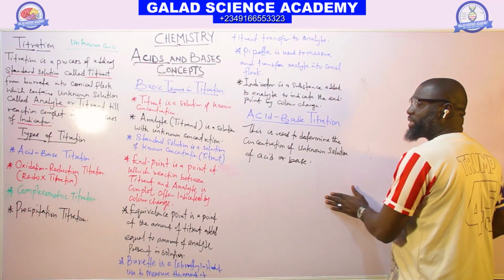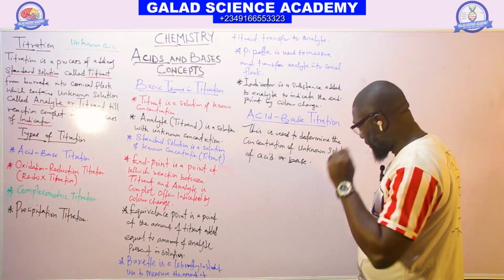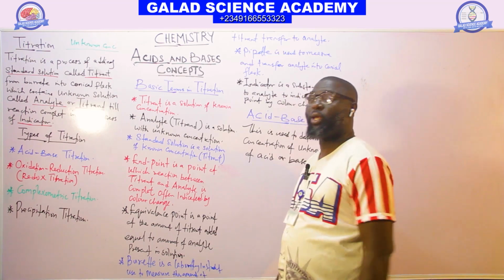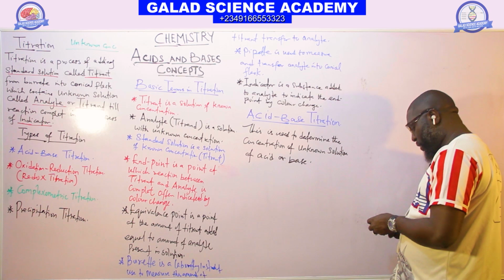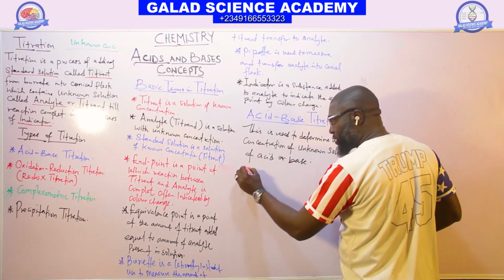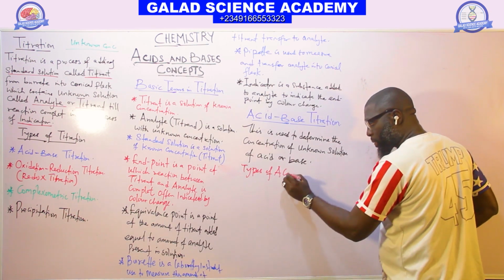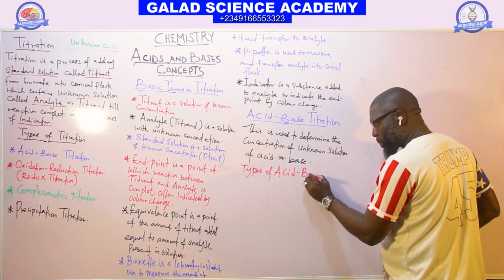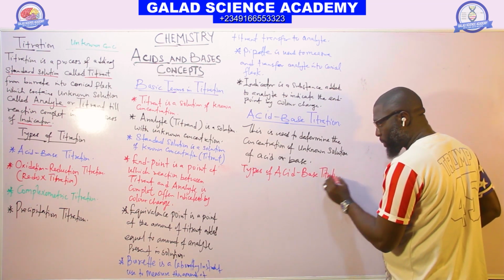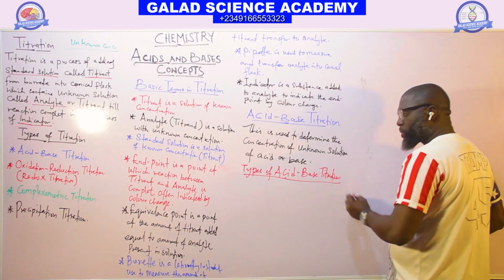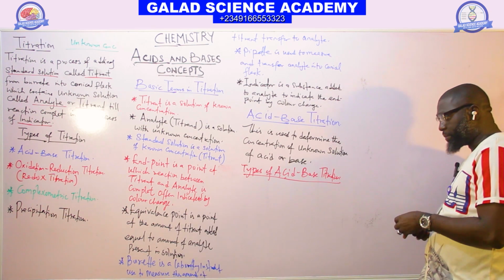And acid-base titration can exist in four ways, or types of acid-base titration.